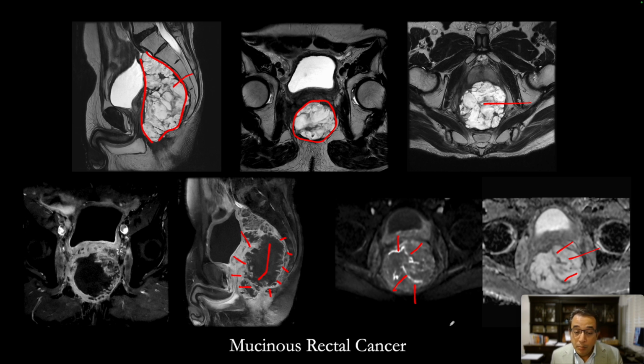So again, mucinous rectal tumor, likely locally advanced with atypical features: low density or fluid attenuation on CT, high signal on T2 weighted images on the MRI, only peripheral contrast enhancement, and then very minimal restricted diffusion.